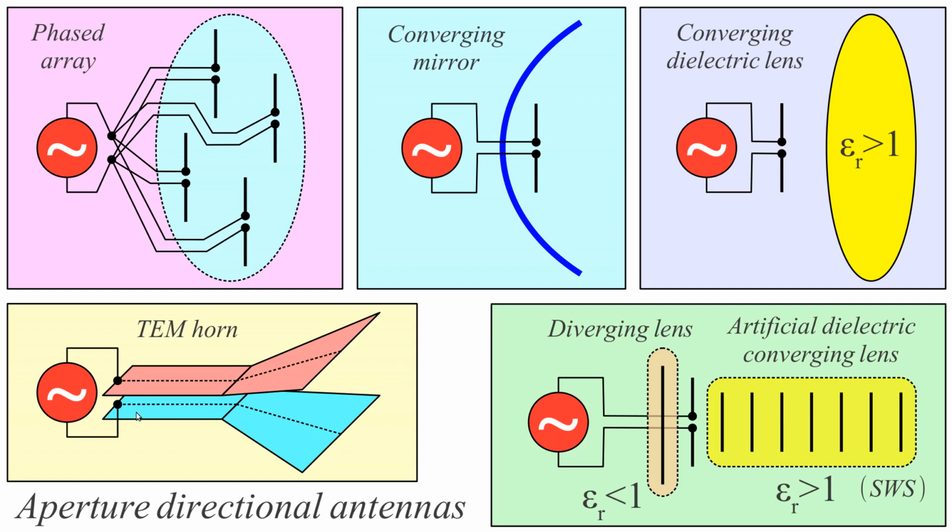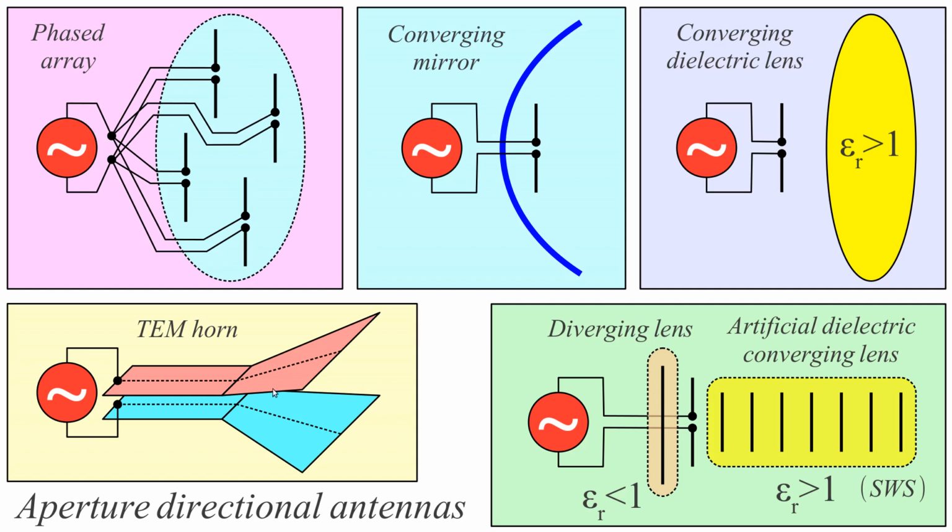Now we know the field here. It's approximately electric field lines vertical, magnetic field horizontal. If we make this horn shallow enough so that it slowly opens up into an aperture, now this aperture is illuminated by the same field pattern as provided by the generator in my strip line.